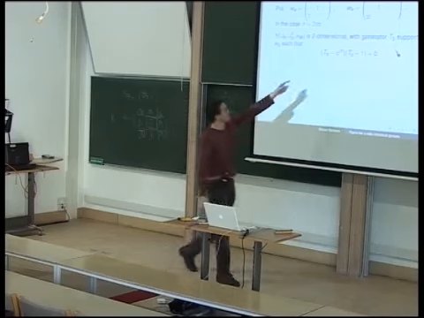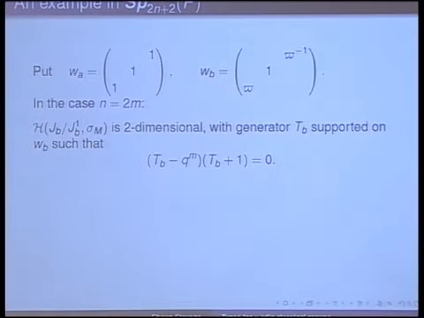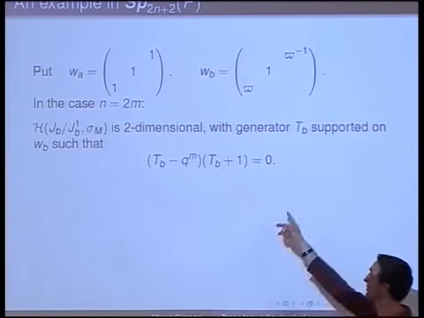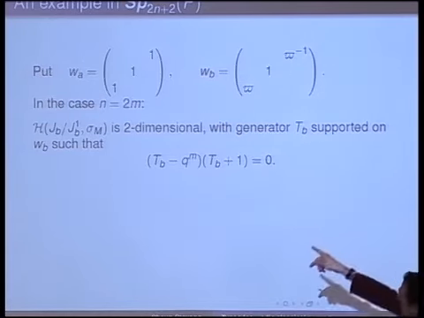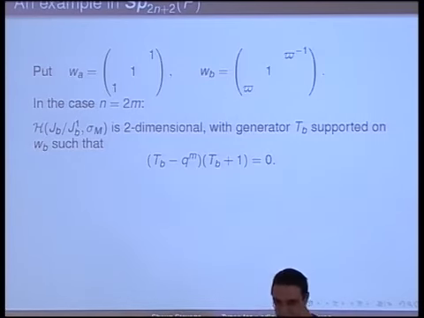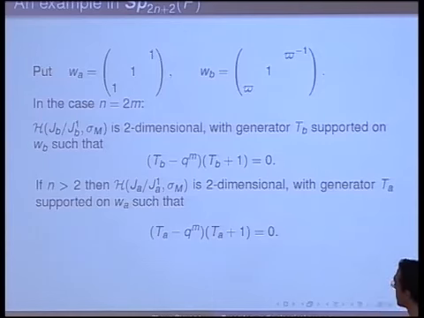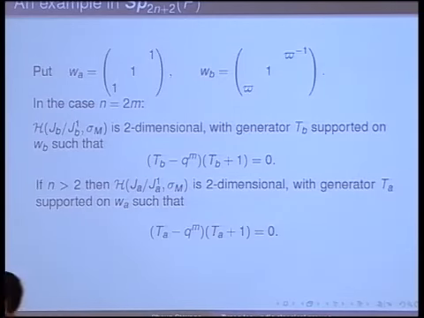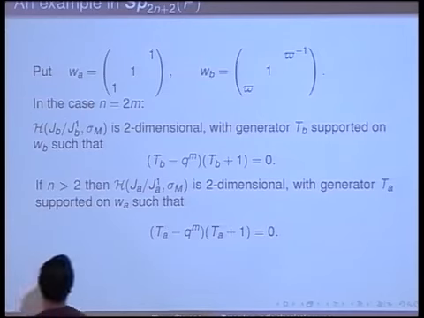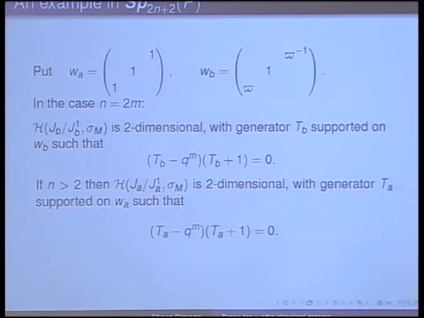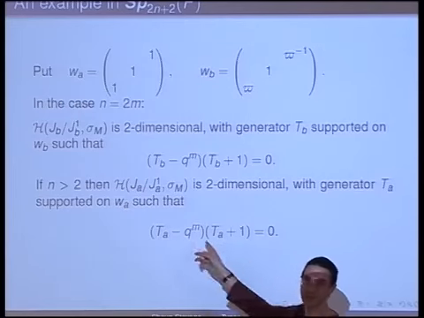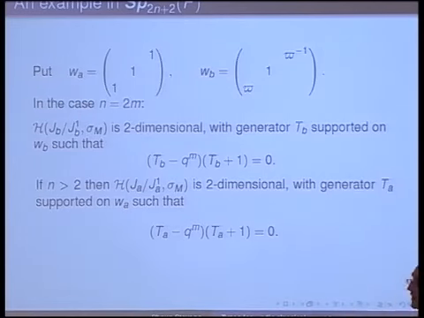And so you always get that this Hecke algebra is two-dimensional, and it has a generator supported on this element which satisfies this quadratic relation with this particular power q to the m. If n is bigger than 2, then on the other side, on the side of this maximal compact, well, in fact, it's always two-dimensional as well, I should say. But you get a generator with the same quadratic relation, really the same power of q.